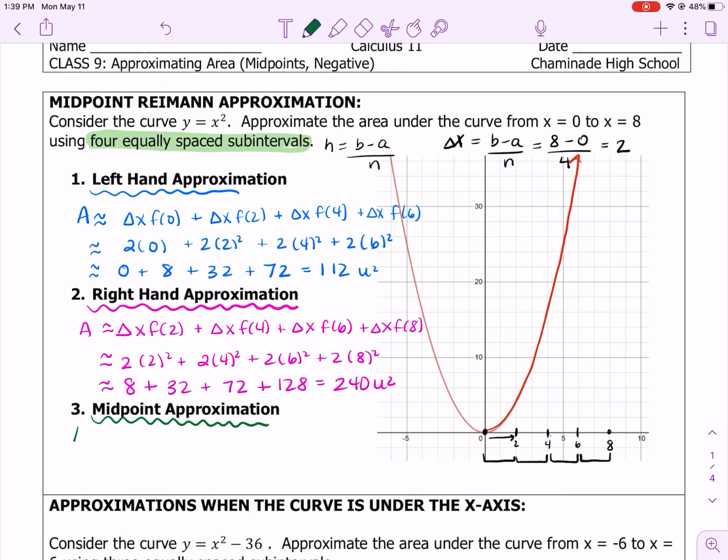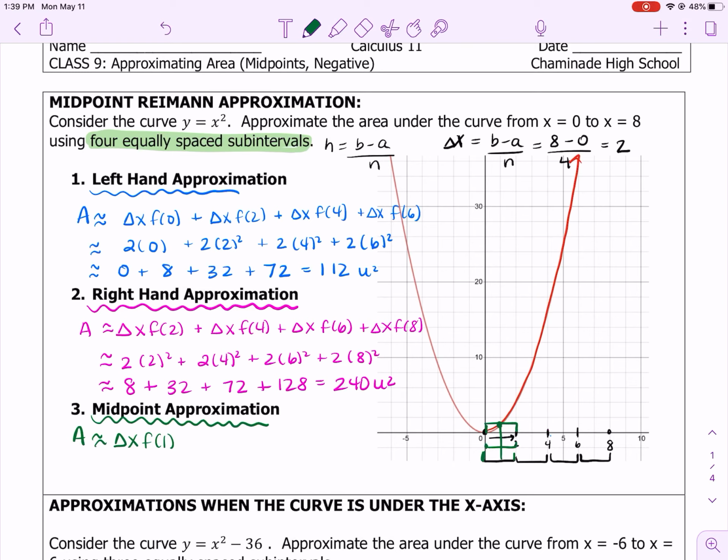So now what's happening here is, in order to approximate the area for each interval, instead of using the left endpoint or the right endpoint, we're going to use the value of the function right smack in the middle. So again, it's still a rectangle, so we still have our height times our base, but this time the value of our function is f of 1, because 1 is the midpoint between 0 and 2.